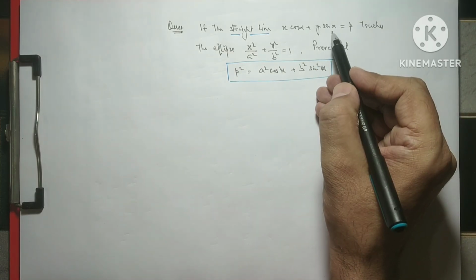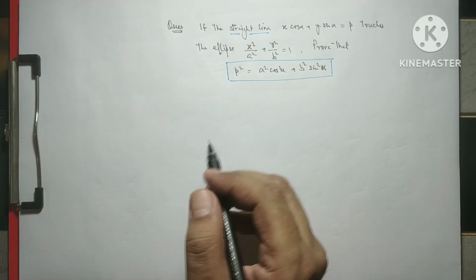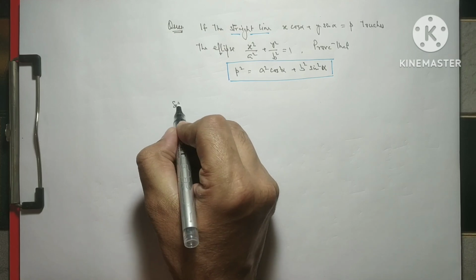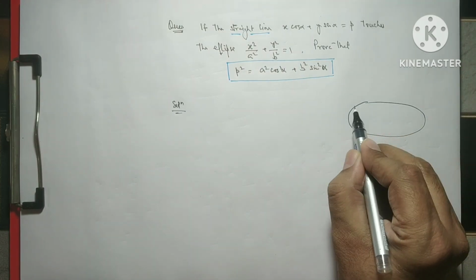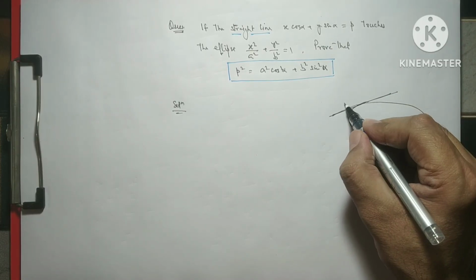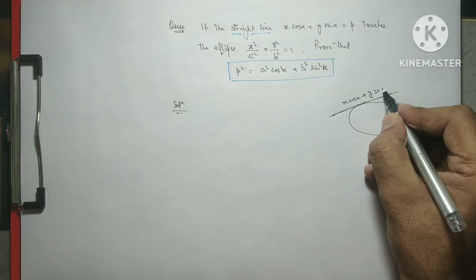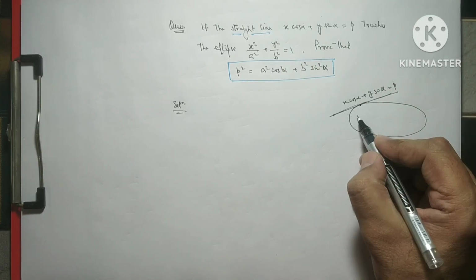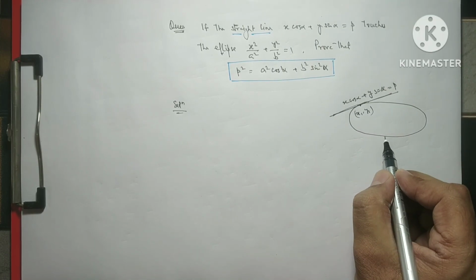If this line touches this ellipse, it is a tangent to this. So right now we have the ellipse, this one, and this line is x cos alpha plus y sin alpha equals p, and let us consider this is a point (x1, y1), and this is the ellipse.